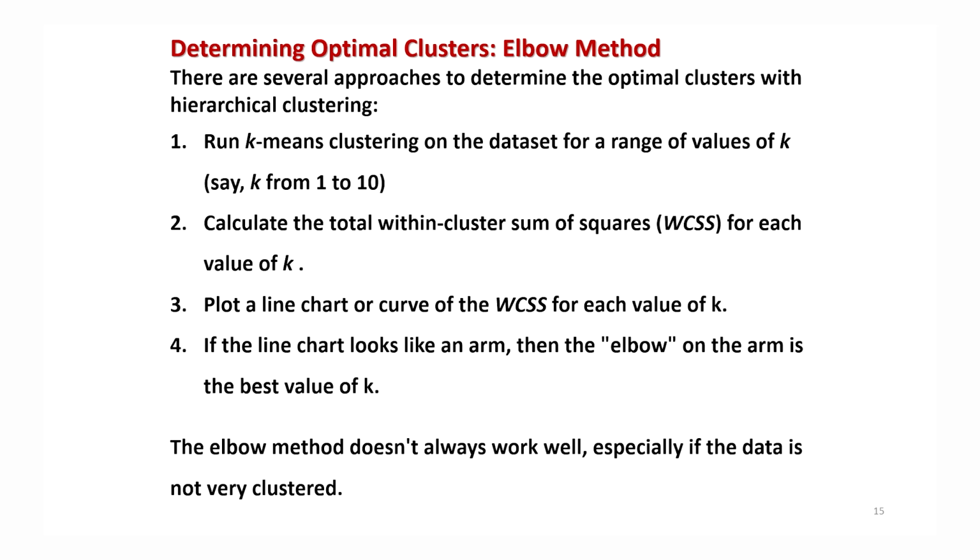It cannot be made 0. So in order to know the optimum number of clusters, we have a method called the elbow method. What is the elbow? Elbow is in your hand. That is the same elbow. If you see, this is your hand, and this is your elbow.